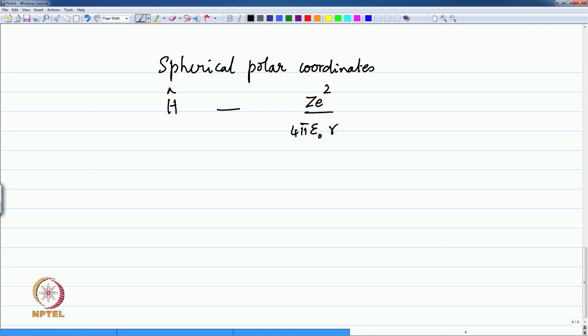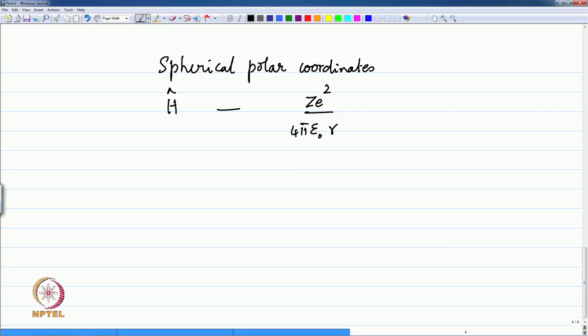Therefore, the important contribution to the stability of the hydrogen atom, which is the binding energy between the Coulombic charges, being spherically symmetrical, the system is better described using spherical polar coordinates, which, if you recall, have three variables: the radius of the sphere and then the polar angles theta and phi on the sphere.